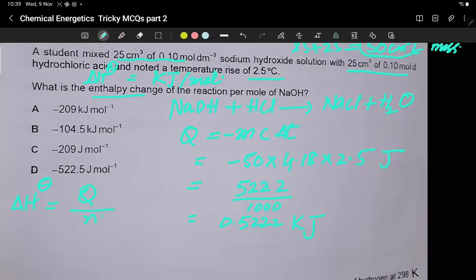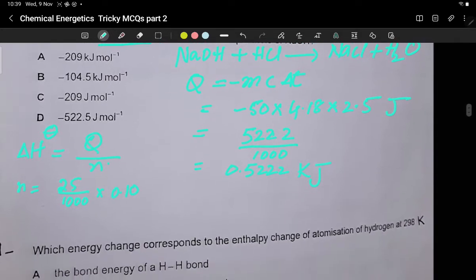So let's calculate the moles of sodium hydroxide. n is equal to concentration into volume, 0.10, because both moles are the same, sodium hydroxide and the ratio is 1:1.